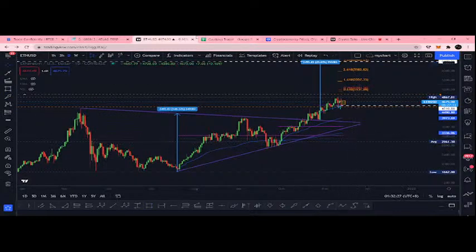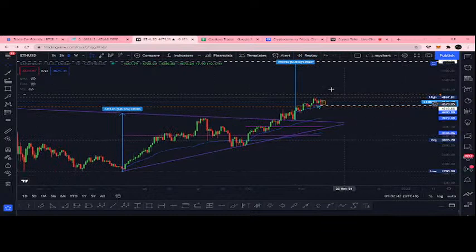We still have 6 hours before that daily candle will close. What did I use here? I think I used the normal fib there. So let's try to use this one.